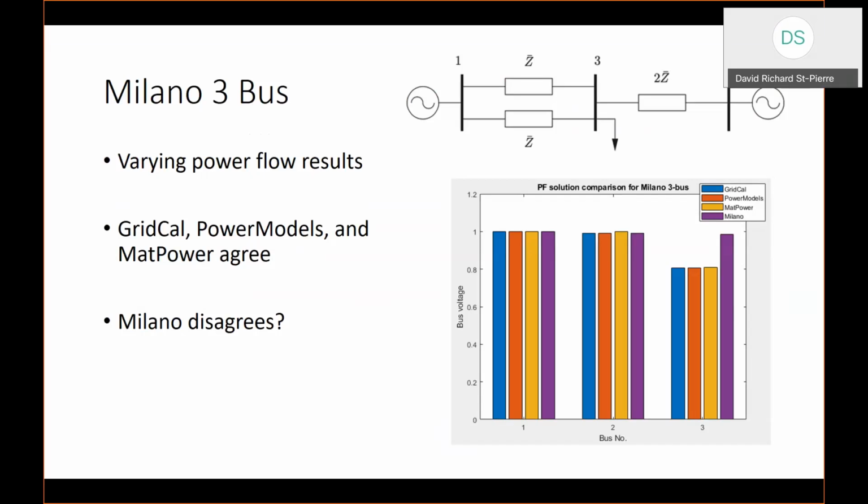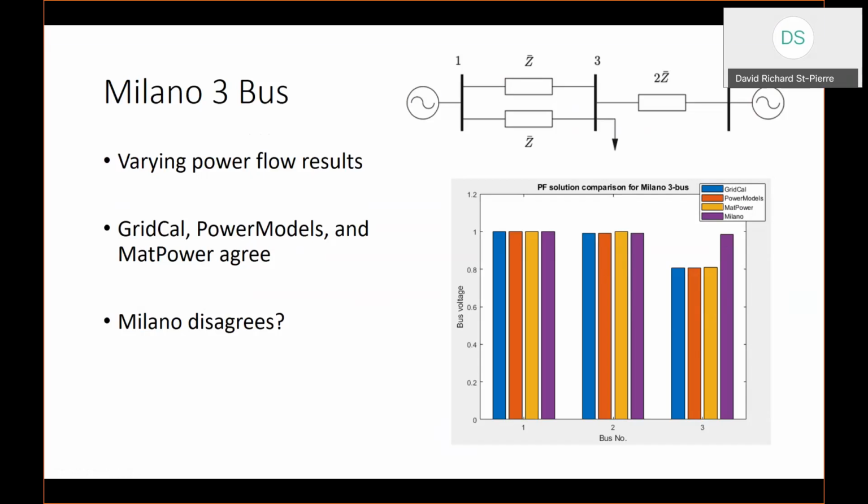In the graph, we can see that for the first, second, and third bus, GridCal, PowerModels, and MatPower agreed. In bus 2, MatPower was slightly off, but very close to the solution. However, for the third bus case, the Milano solution did not match the MatPower, PowerModels, and GridCal model at all.